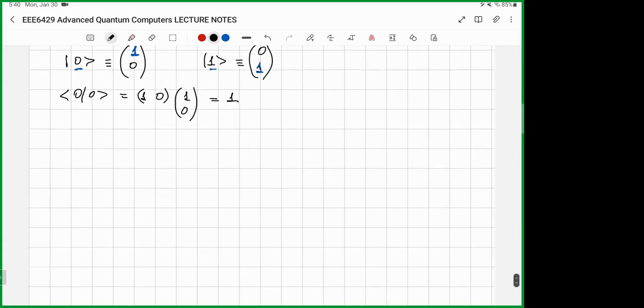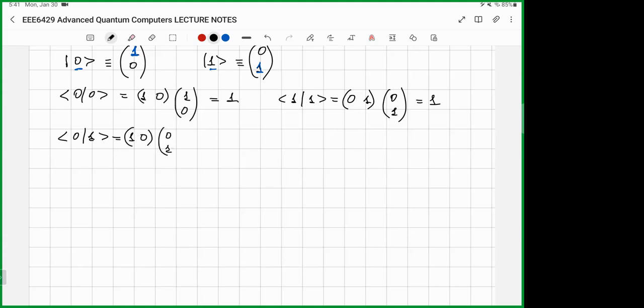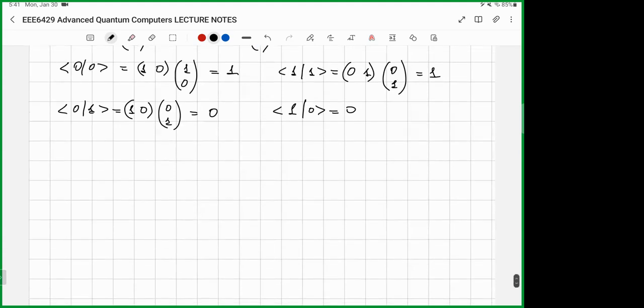The same way, for the vector 1, 0 by 0 plus 1 by 1 also gives me 1. Next, the inner product of 0 and 1, with 1, 0 here and 0, 1 here, gives 0, because 1 times 0 plus 0 times 1 is 0. And the same way for 1 with 0, it is also 0. So this is an orthonormal basis.